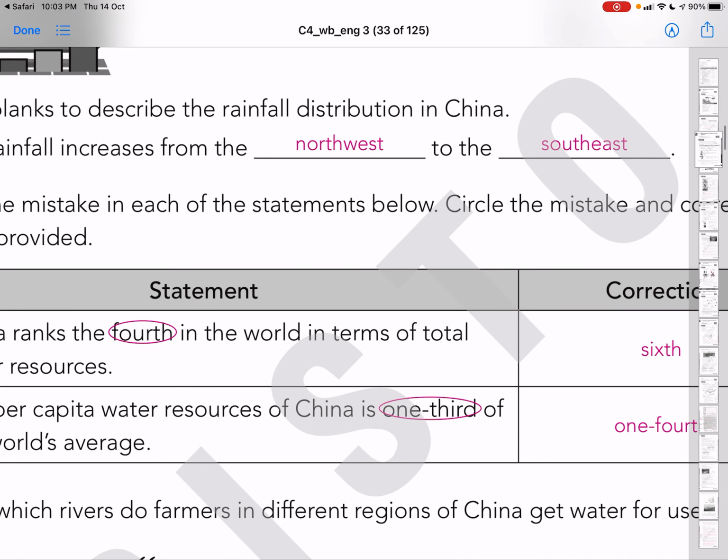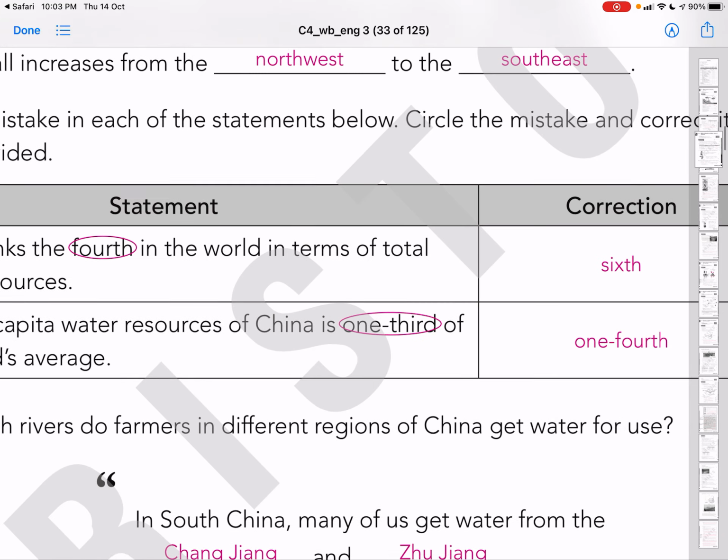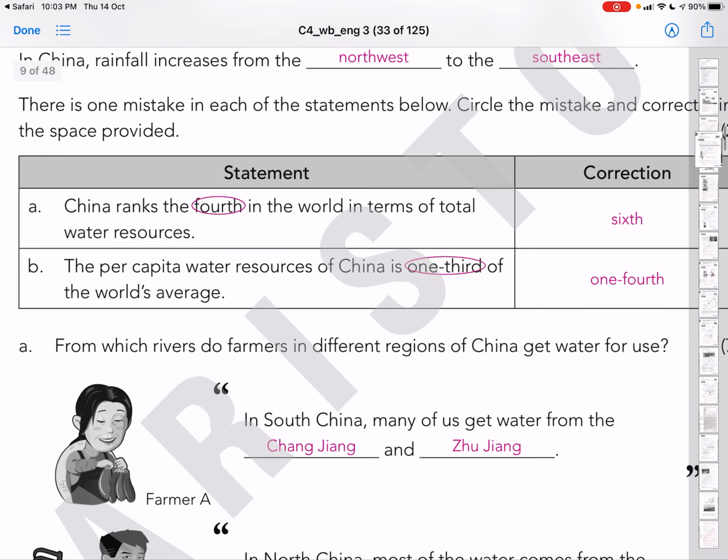Okay, rainfall increases from the northwest to the southeast. Then China ranks sixth in the world in total water resource, and the per capita water resource in China is 1/4 of the world average. It's shown in the workbook already. I think you can handle it.